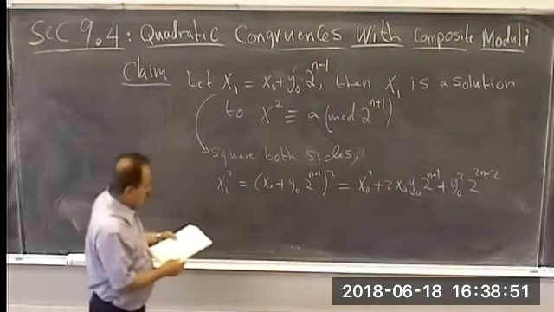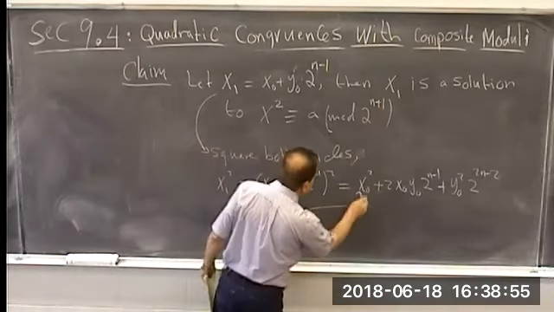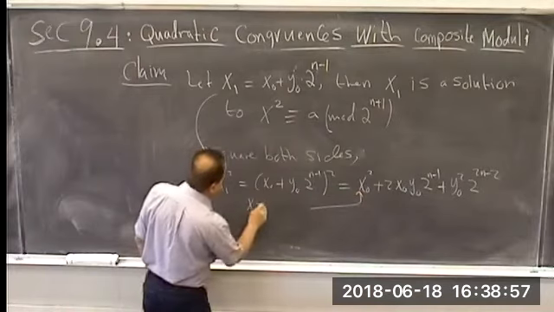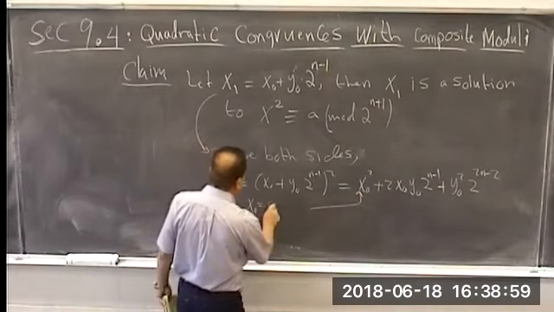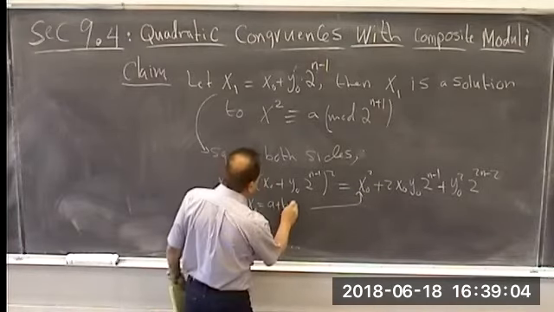Similarly, we're going to substitute for x0 squared, which we have as a plus b multiplied by 2 to the n.